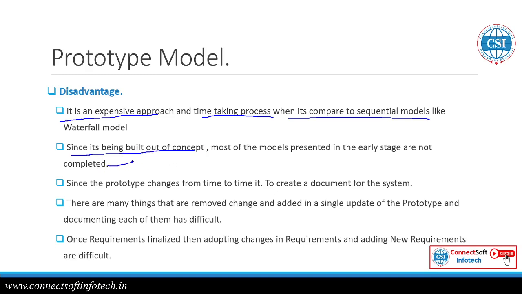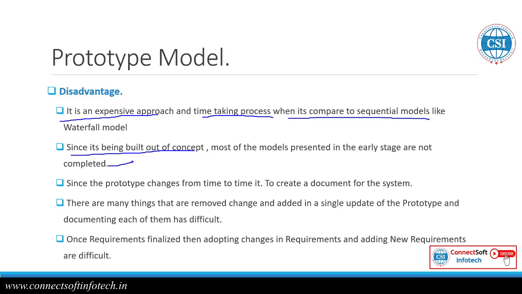Sometimes the main disadvantage of this prototype model is that we propose the system, that is the prototype, but we do not necessarily complete it at the end. Say we have proposed that we make a car which will have a speed of 400 kilometers per hour, so 300 miles per hour. We propose it and build one prototype, but in real time we fail to build that product.